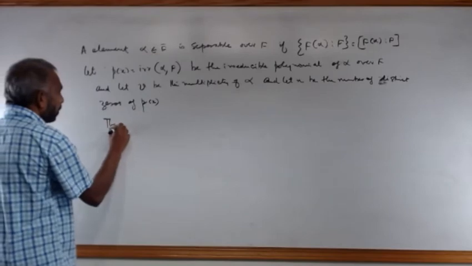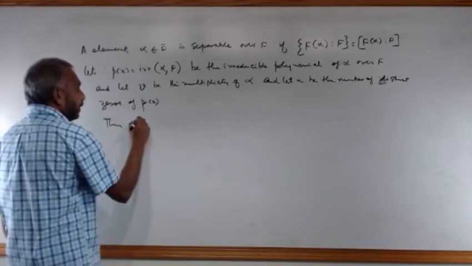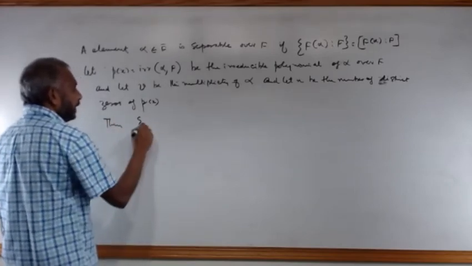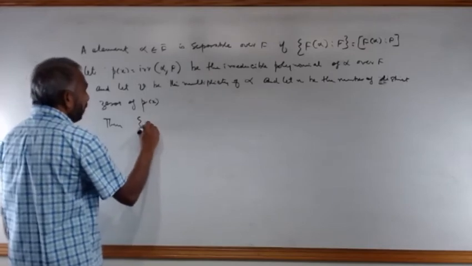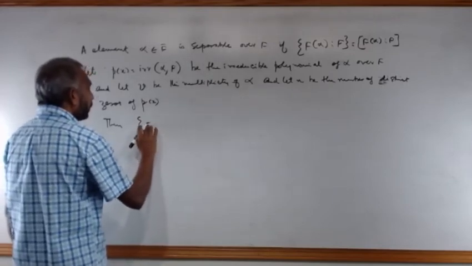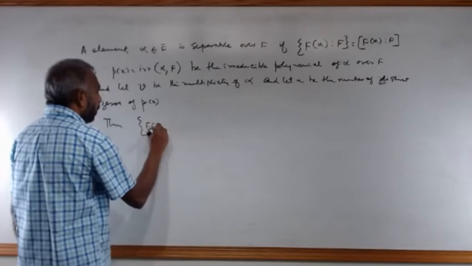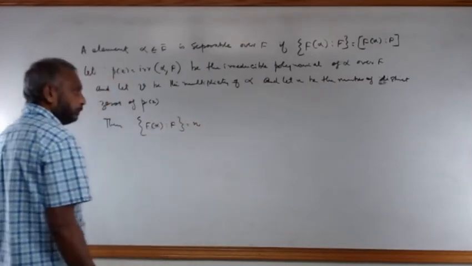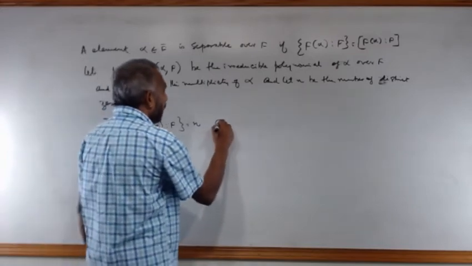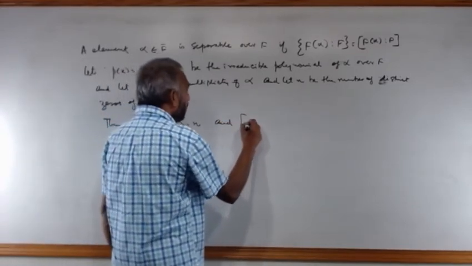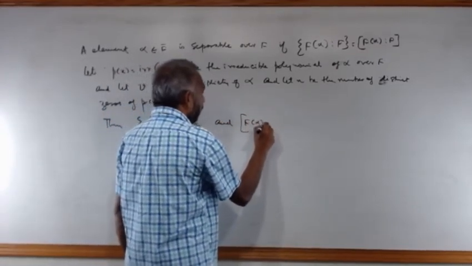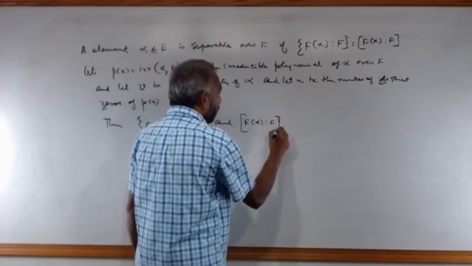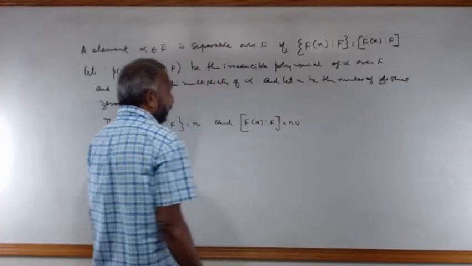Then the index of F(alpha) over F is going to be n, and the degree of F(alpha) over F is equal to n v.